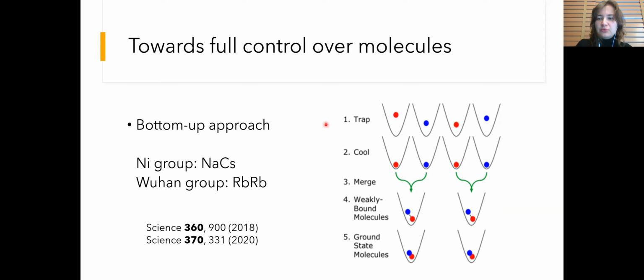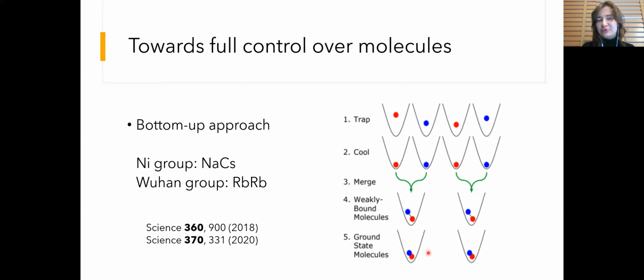You start with trapping atoms in optical tweezers. You make sure that they are cooled and in ground states, and you have one atom per optical tweezer. Then you merge these optical tweezers, you get the weakly bound molecule, and in the end you can transfer this weakly bound molecule to the ground state. So in the end you have optical tweezers with single ground state ultracold molecules. This is pretty awesome.